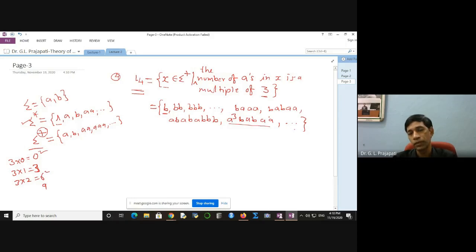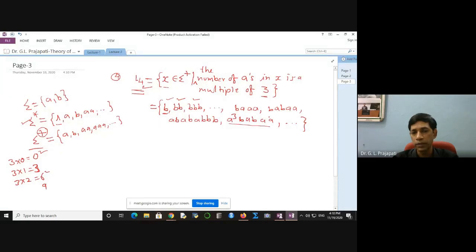So how can you write a grammar for this language, so that it generates only these strings, no other than these? And hence you can say that, okay, this is the grammar for the language L4. So what properties have you seen here?